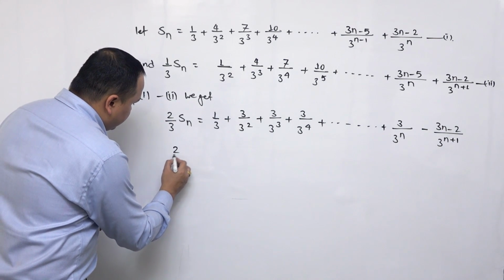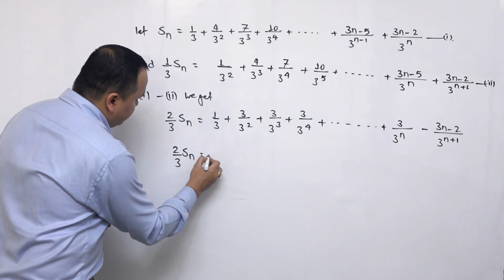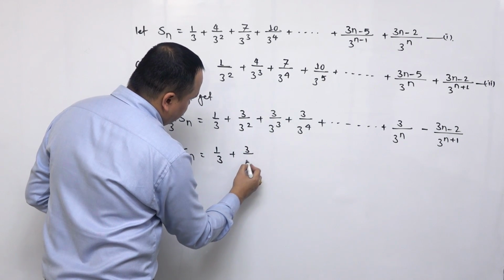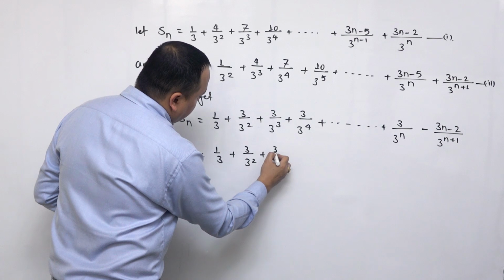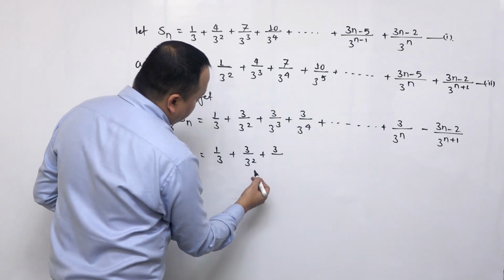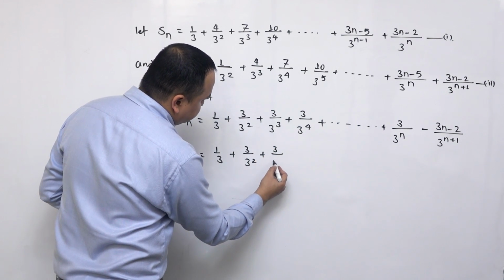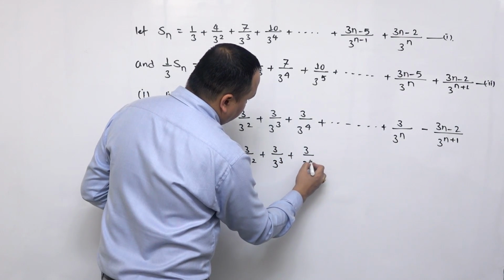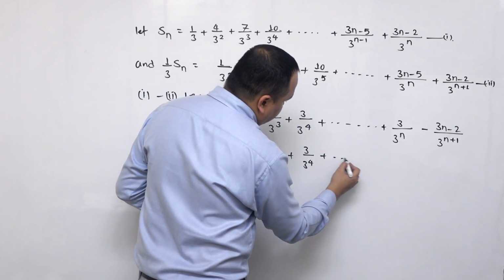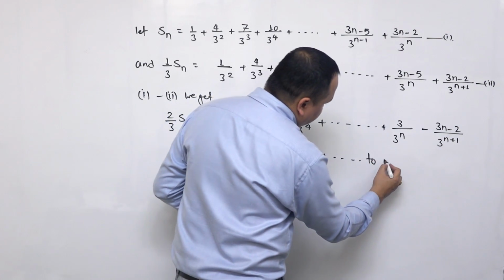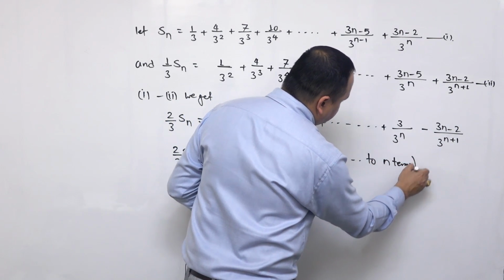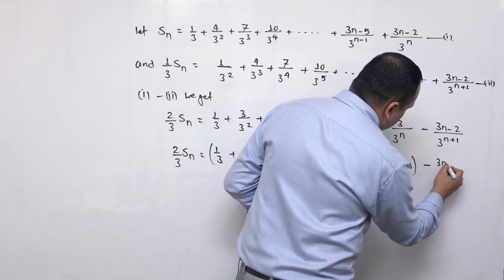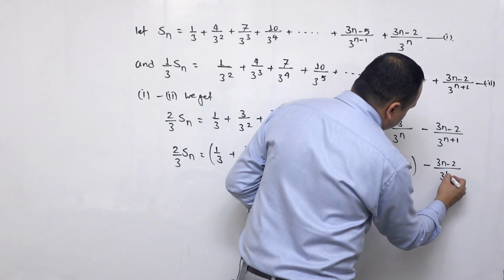Or this is 2 upon 3 Sn equals 1 upon 3 plus 3 upon 3 square, 3 upon 3 cube, and 3 upon 3 to the power 4 plus dot dot dot 2 n terms. And here minus (3n minus 2) upon 3 to the power n plus 1.